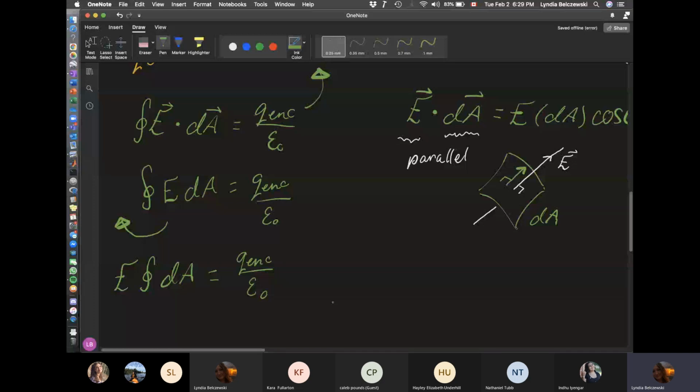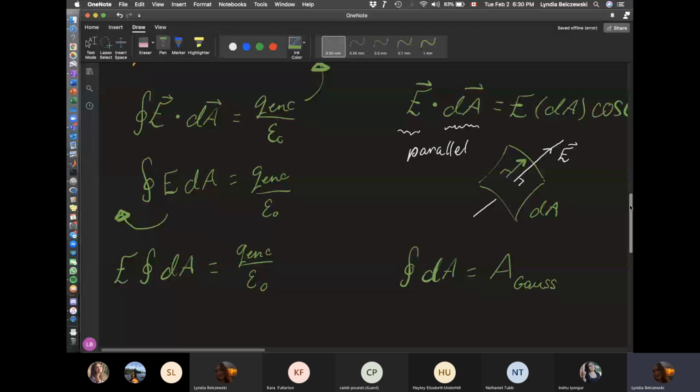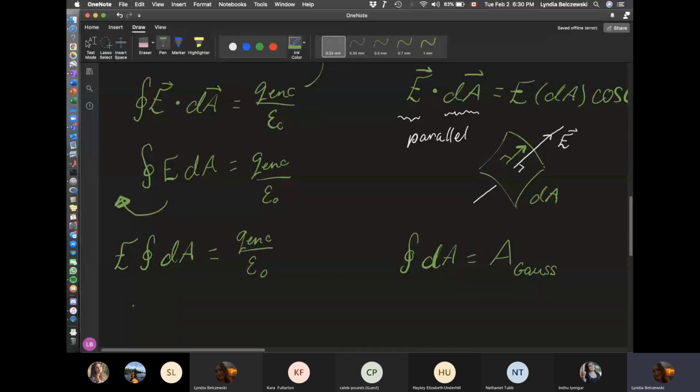And so what that means is that, and I'll write it off to the side here, the integral of dA is just equal to the total area of the Gaussian surface. So we can write that this is just the electric field times the area of the Gaussian surface is equal to the enclosed charge over epsilon naught.